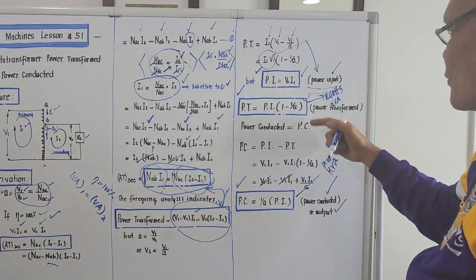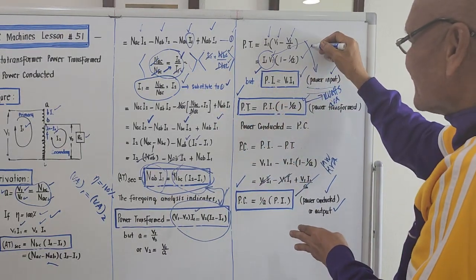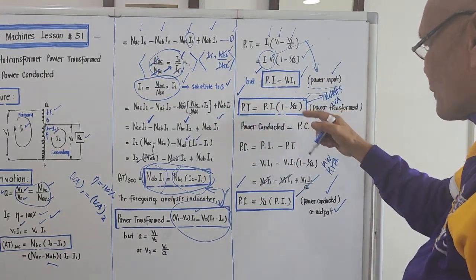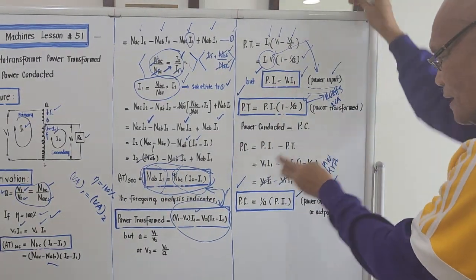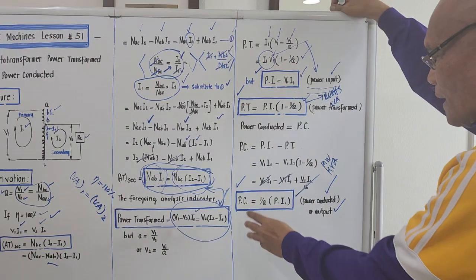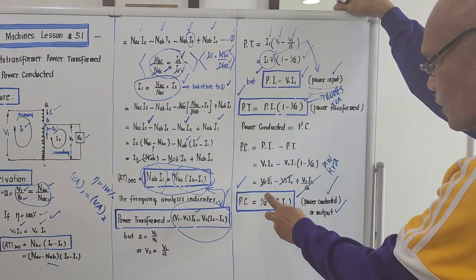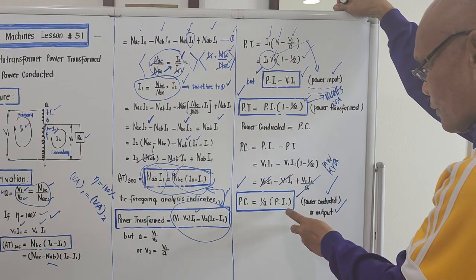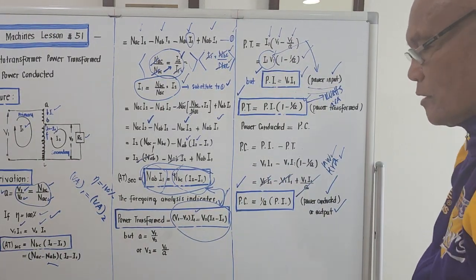So don't ask me why there is a quantity 1 minus 1 over A. We derived it. It comes from this. And the power conducted should be power input minus power transform. After simplifying, power conducted or power output for an autotransformer will be simply 1 over A times the total power input, in kilowatts or kVA.